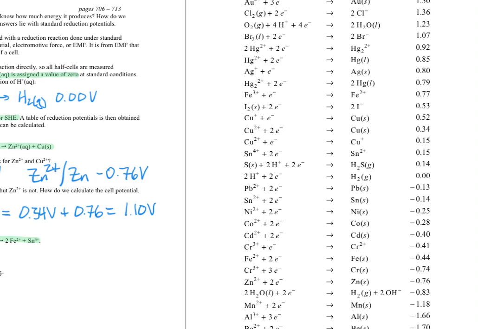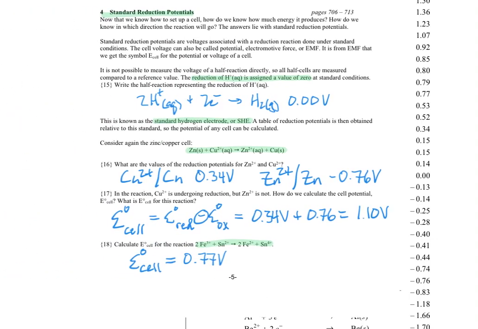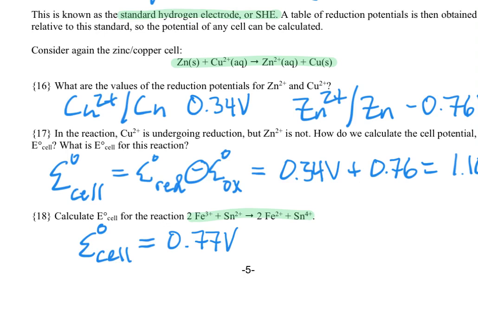If I multiply the reaction by a coefficient, I'm not going to multiply that through. I'll get to why in a moment. So I need to then put in a negative 0.15 volts into my calculation down at the bottom here. So I'm going to add negative 0.15 volts, and that gets me a total of 0.62 volts.